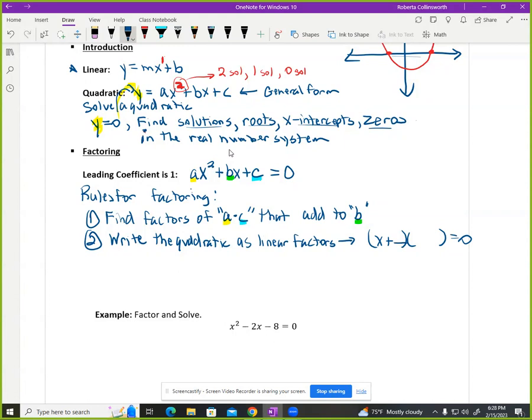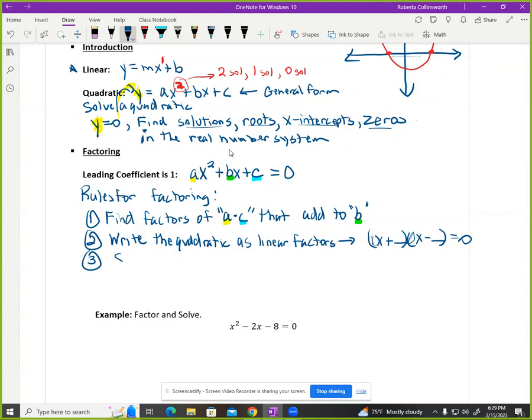X plus something, X minus something. You could have a number here. There could be something there. I don't know. But it's going to be a set of parentheses with X and a constant, and X and a constant with plus or minus or numbers.